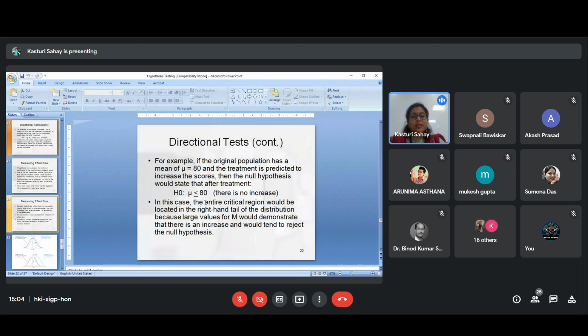Is that clear? When you mention the direction in your hypothesis, it is a one-tail test; when you're not mentioning the direction, you will take a two-tail test. Is that okay?